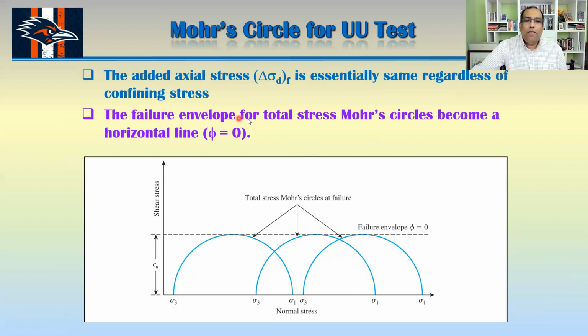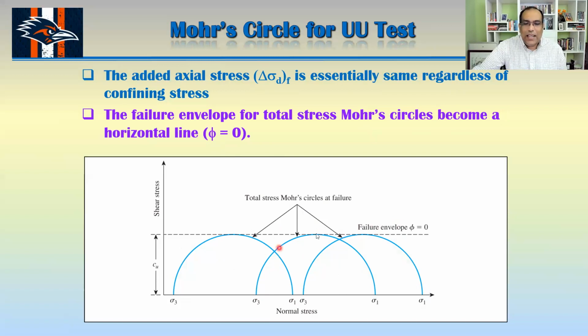The failure envelope for total stress, with the Mohr circles, becomes a horizontal line, phi equal to 0. You can see that the size is not changing, so the radius, sigma 1 minus sigma 3 divided by 2, remains the same.